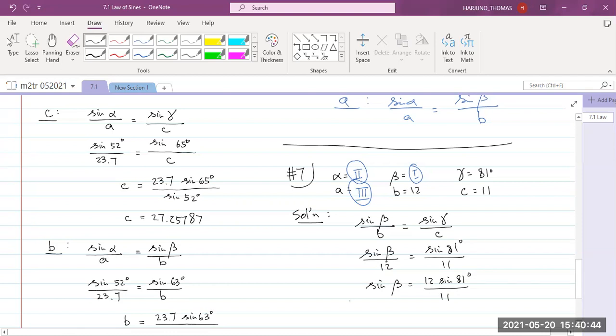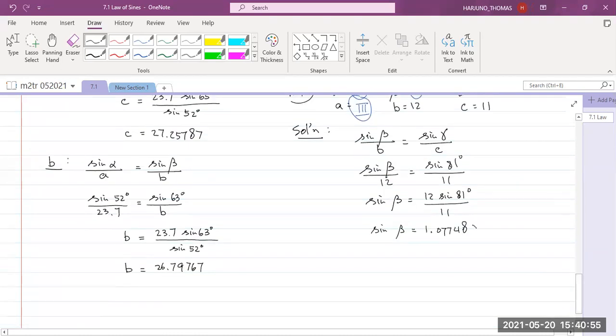I get sine beta equals 1.07748. Now the problem is this is greater than 1. Therefore, no such beta. Therefore, no such triangle.